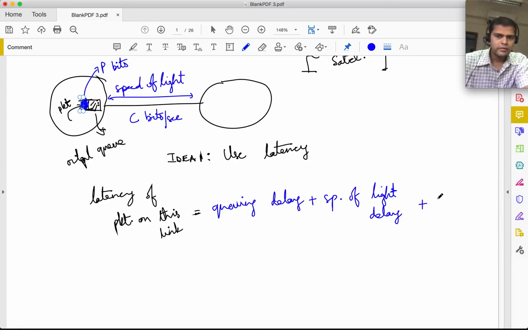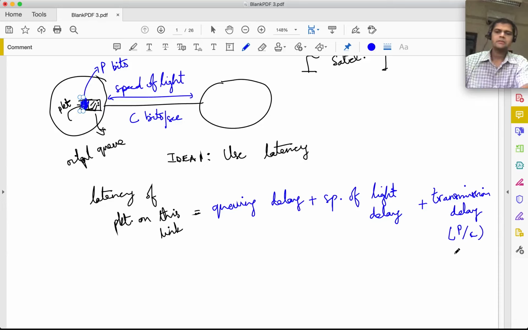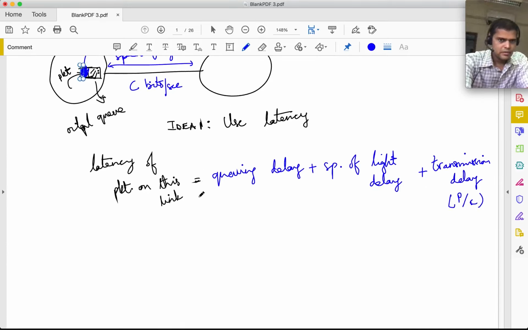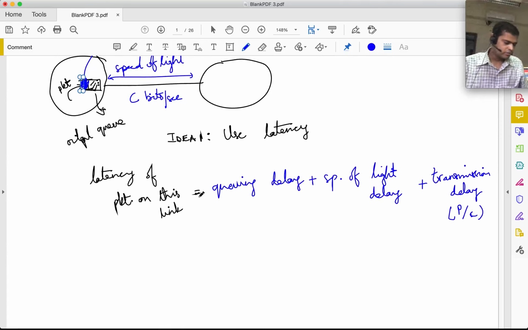So essentially we are going to have what's called the transmission delay, which is the packet size in bits divided by c. So it's the sum of these three delays. This is the latency, and they wanted to use that.